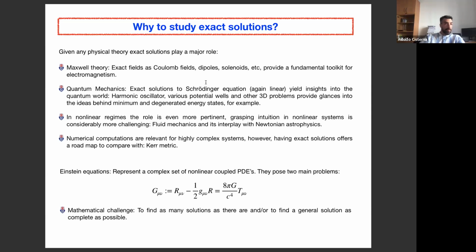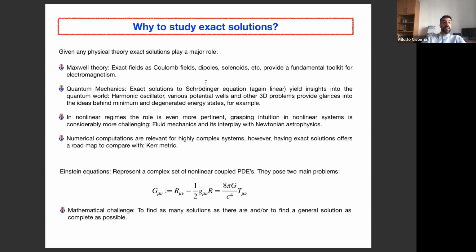In quantum mechanics, something similar happens because you have the Schrodinger equation, which is also linear like Maxwell's equations, and studying very simple solutions, like the harmonic oscillator, several potential wells, or 3D problems like the hydrogen atom, provides glimpses of very fundamental concepts of the quantum world, like the quantization of energy, the degenerate states, minimum energy state, and so on.